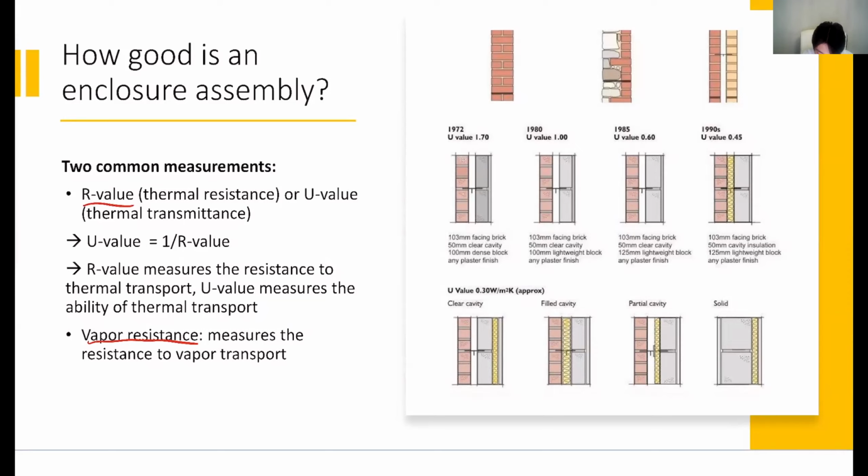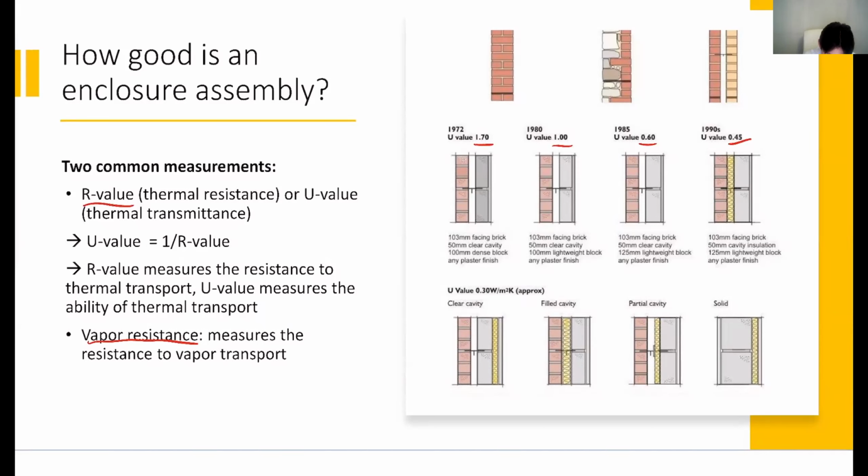If you look at the picture on the slide, for the second row of wall assemblies, we have a U value displayed, from 1.7 to 1 to 0.6 to 0.45. The value is becoming smaller, which means from left to right, the wall assemblies are getting better in terms of their thermal capabilities.